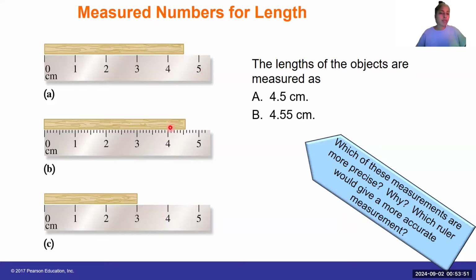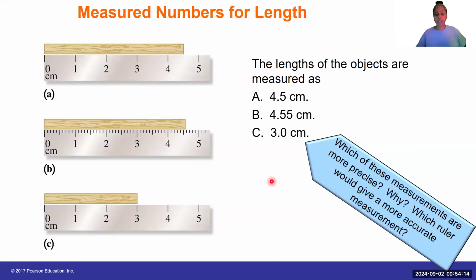Could we guess what that first decimal place would be? Sure we can. But being that this measurement is directly on the line, we're going to indicate that uncertain digit as a 0, 3.0.